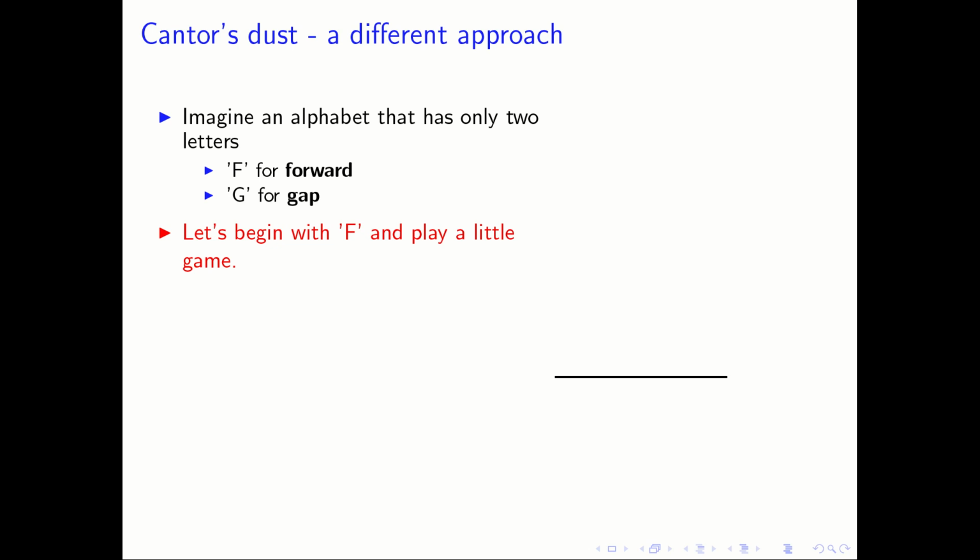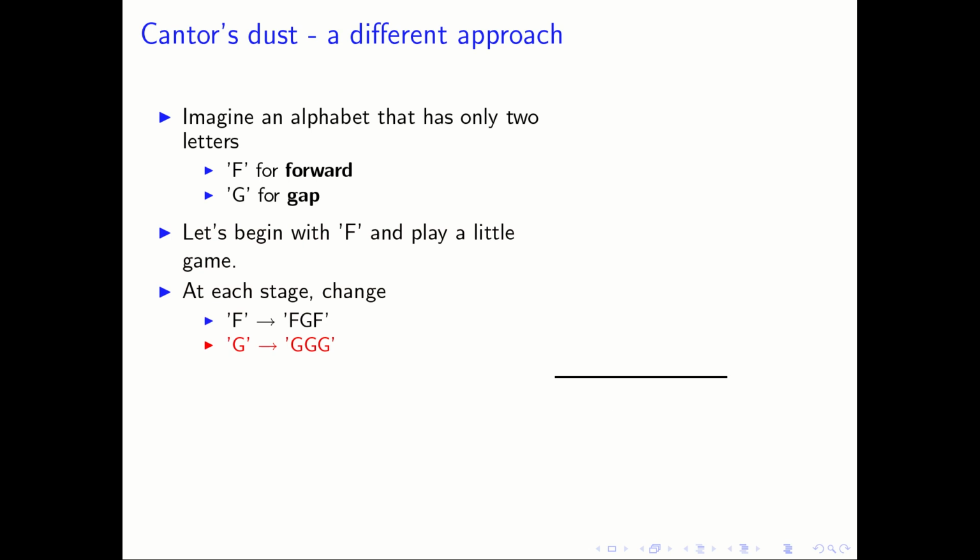Next, when we say we have forward, gap, forward, the forward is only 1/3 as long. So is the gap. So G cannot stay G. It has to become 3 smaller gaps to make up the entire length as before. So these are the rules of the game: F becomes FGF and G becomes GGG.